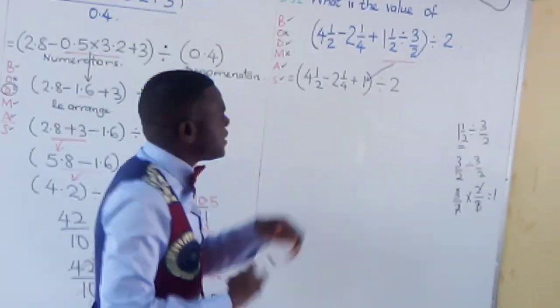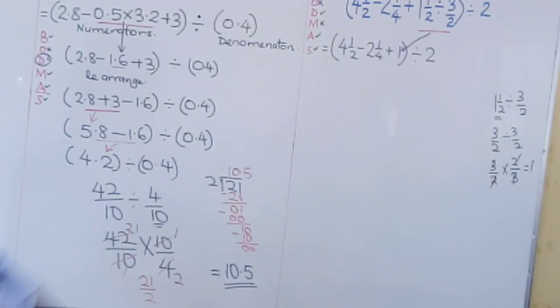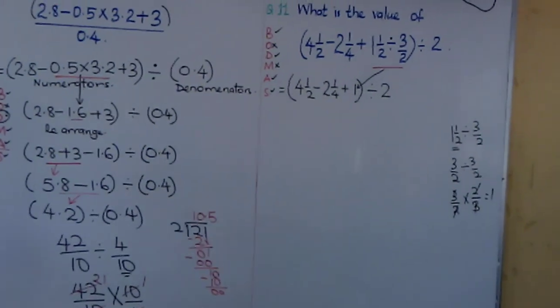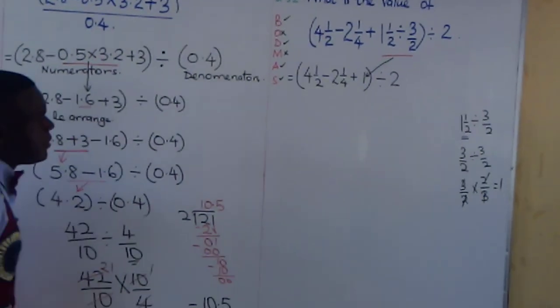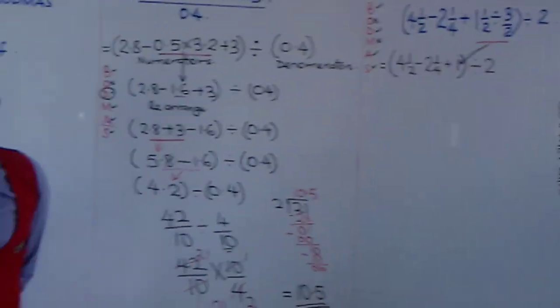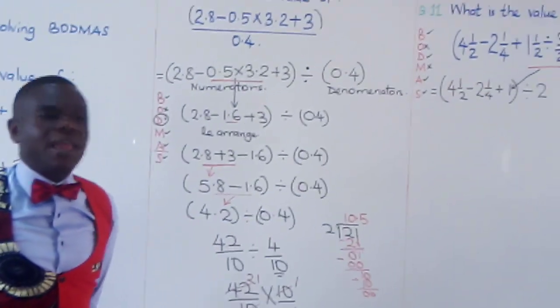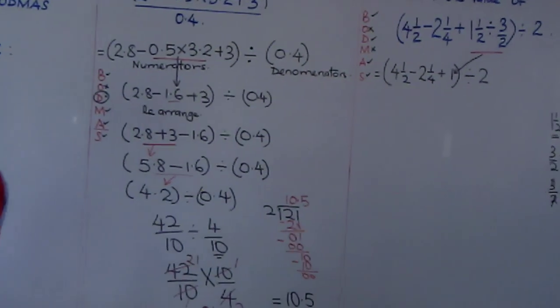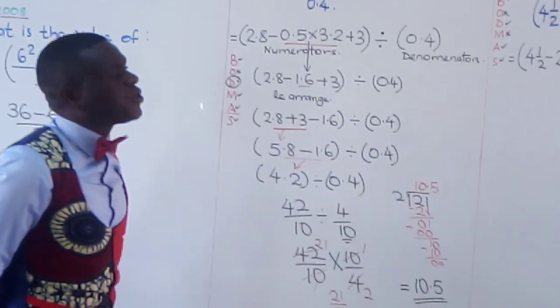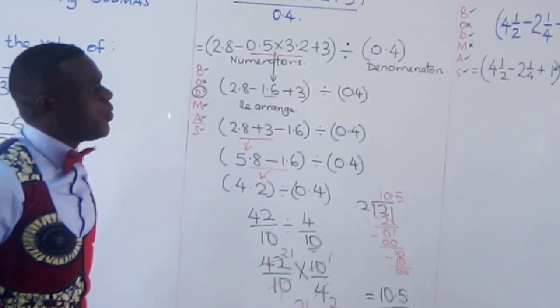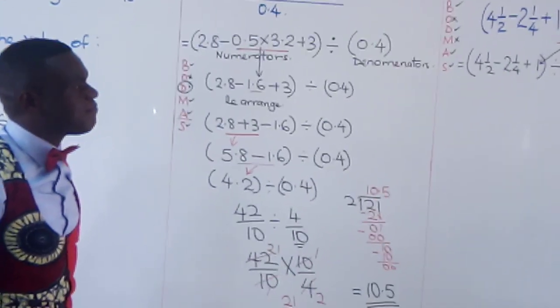Look at the arrangement in the bracket, boys and girls, and tell me what you do. Who is ready? Kebata. Thank you, Kebata. We rearrange. Ngushu, please tell me how we are rearranging this.